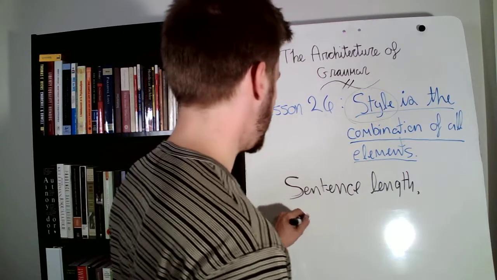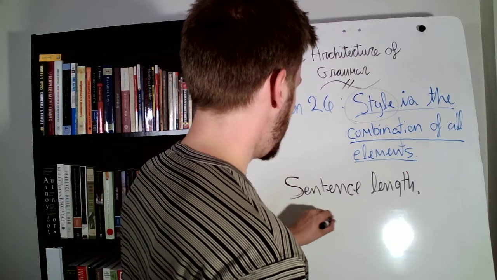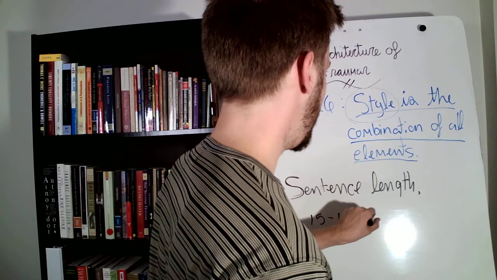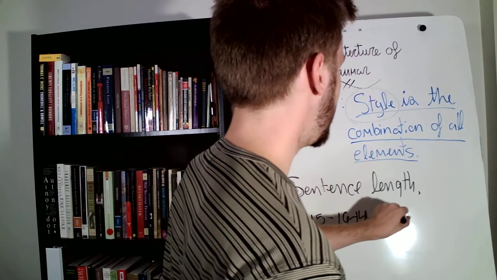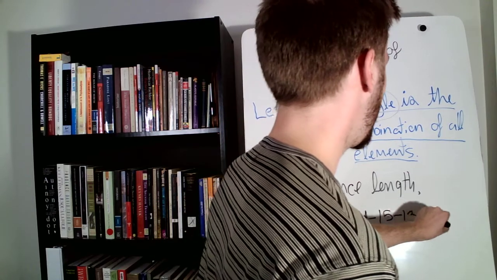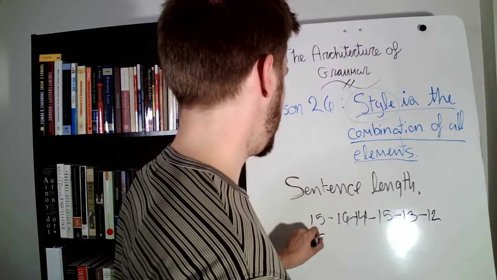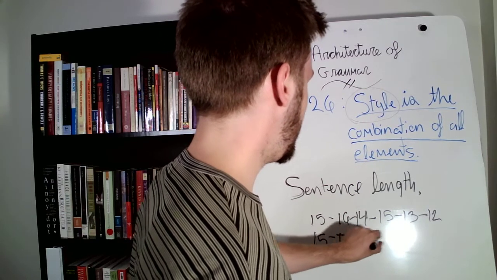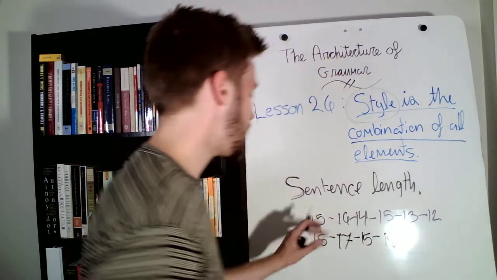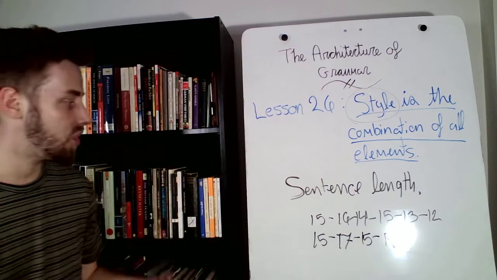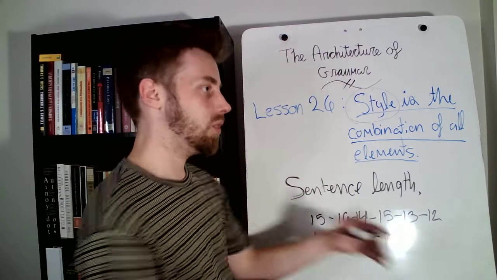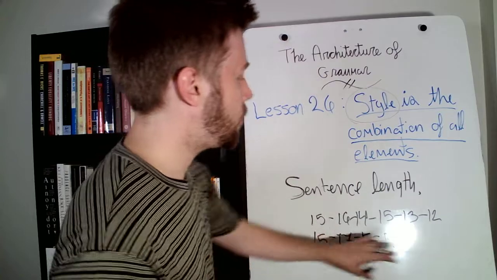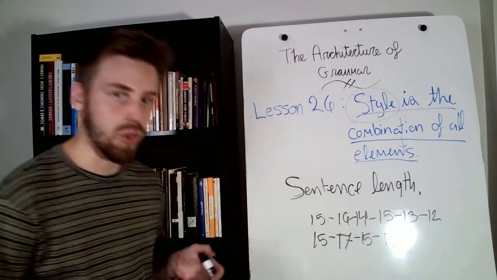So for example, if you have 15, 16, 14, 15, 13, 12, 15, 17, 15, 18, something like that, whatever the range is, even if it's like 20, 21, 22, 20, 19, etc. If these numbers are too close, then your writing is going to be boring.